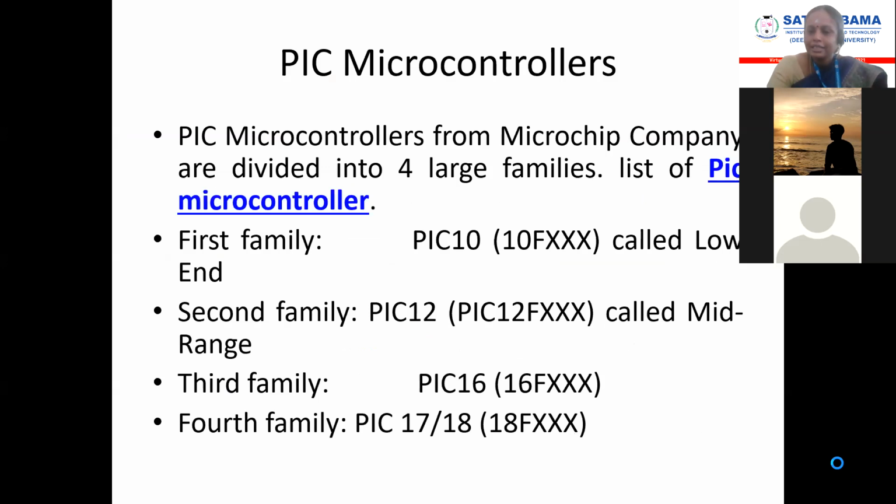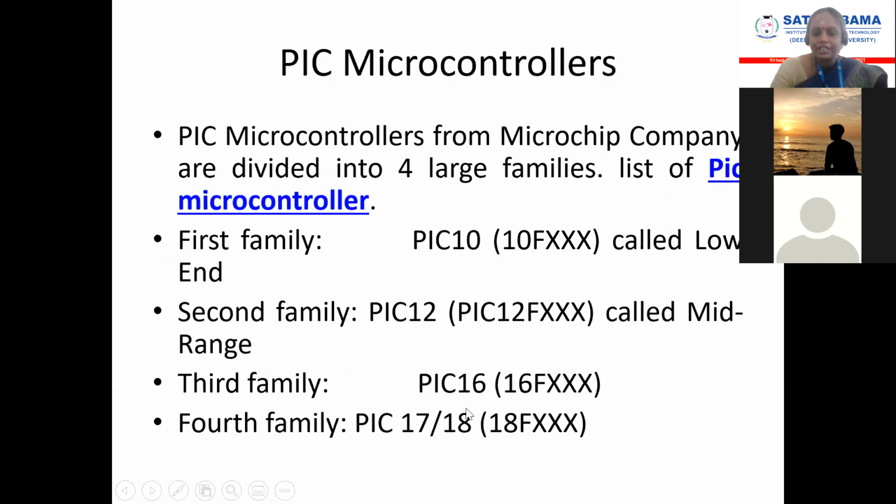So in the PIC microcontroller, when they were starting, they gave the names PIC 10, PIC 12, just as we say moving from one version to another version. The first family is lower end, then middle end, and the third family enters the higher end.